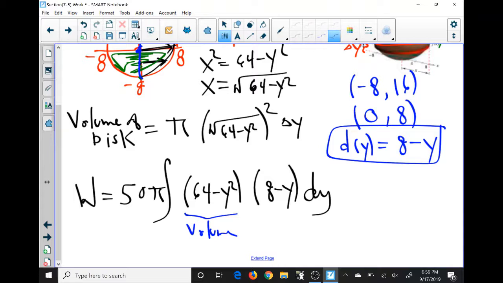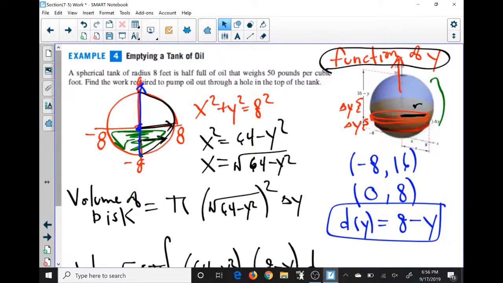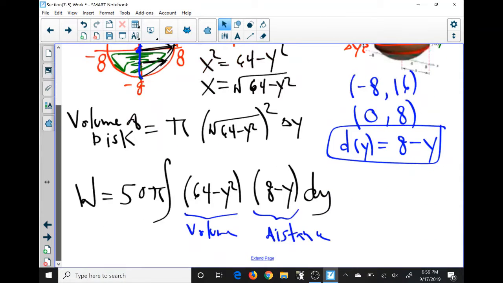So there we go, the volume and the distance. Now we just need the bounds of integration. If we go back to our drawing, we're going to be pumping oil from -8 to 0. So those are the bounds that we want to use.